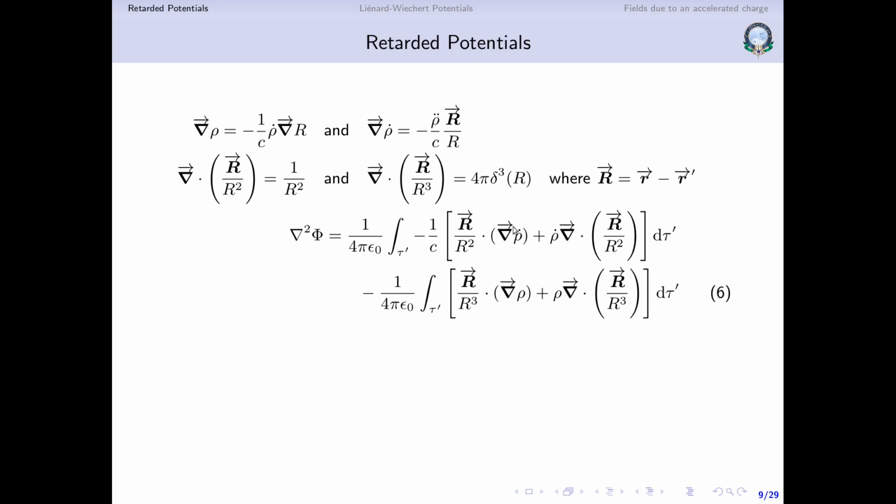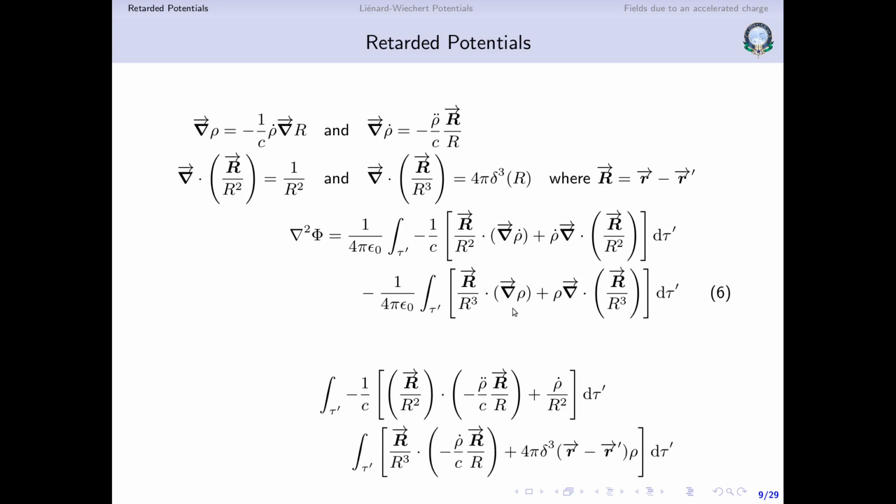So we have this gradient of rho dot, which is minus rho double dot by c into vector r by r. We just plug this in and we get this one. Then the divergence of r by r square is 1 by r square, so we just have rho dot by r square. So this quantity inside the bracket will turn out to be this one.